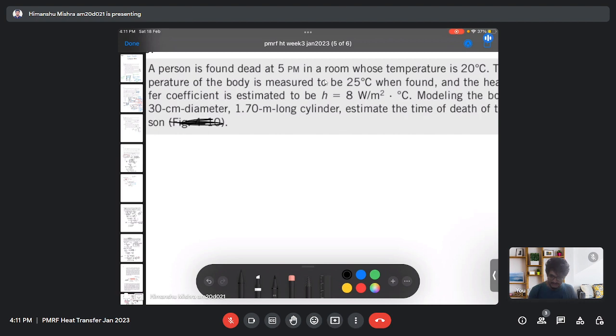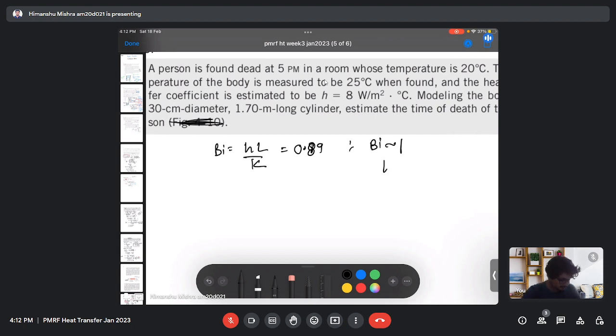So again, we need to check the Biot number, but there is an exception in this question. I can directly write the value of the Biot number, which is about 0.89. So here the Biot number is approximately equal to 1, very close to 1.